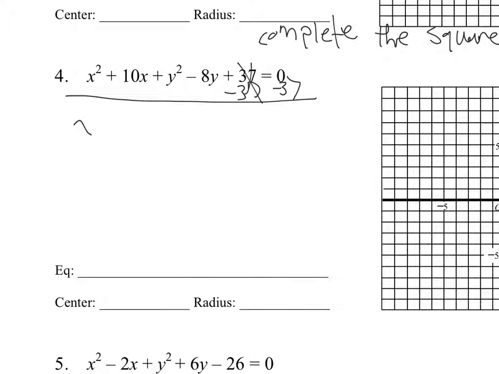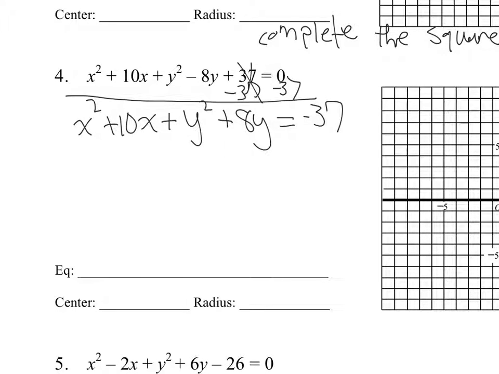We now have x² + 10x + y² + 8y = -37. Now we're going to complete the square for the x's and for the y's.